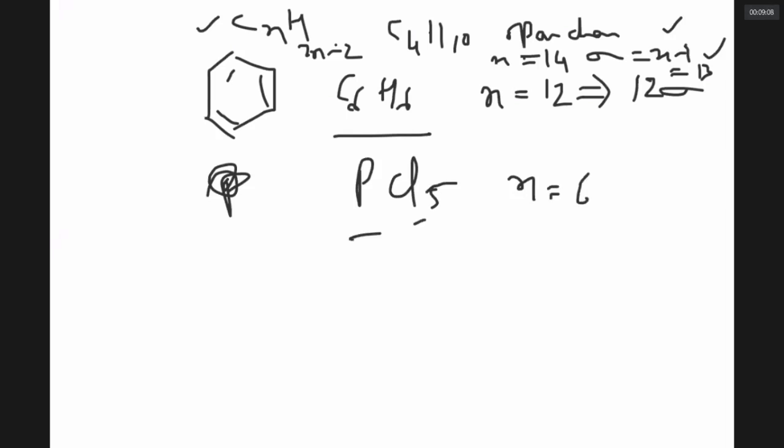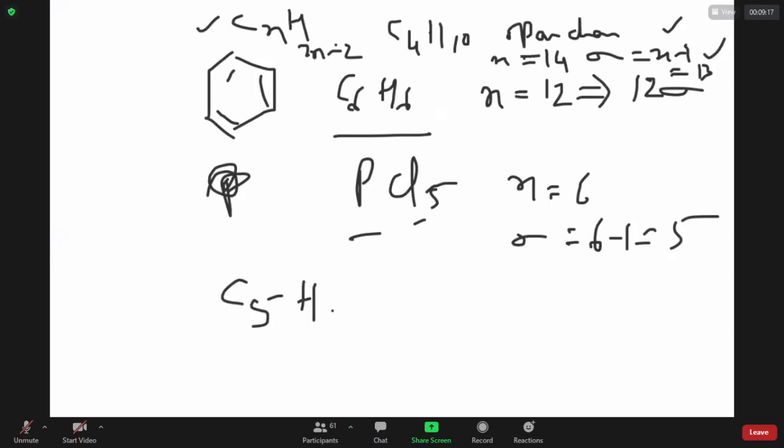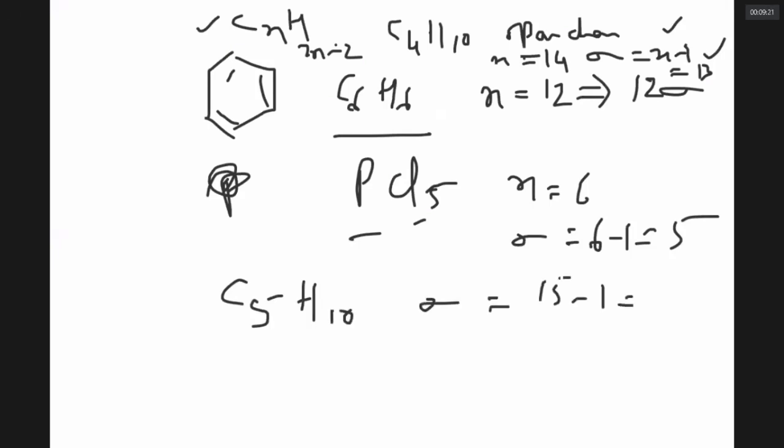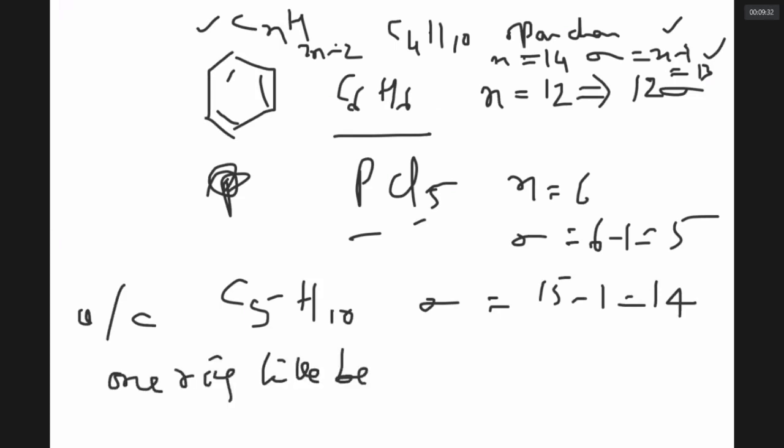How many sigma bonds does it have? 5. Take C5H10, sigma bonds is equal to 14. Always in an open chain, the number of sigma bonds is the number of atoms minus 1. If it has one ring like benzene, sigma bonds is equal to the number of atoms, 12 in benzene.